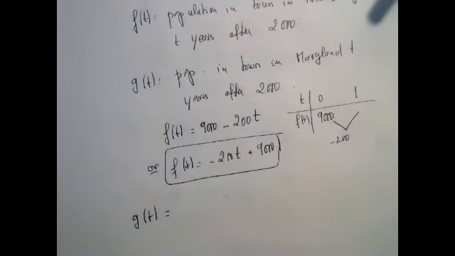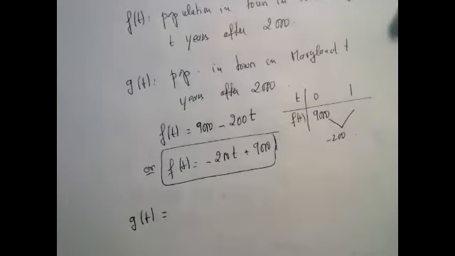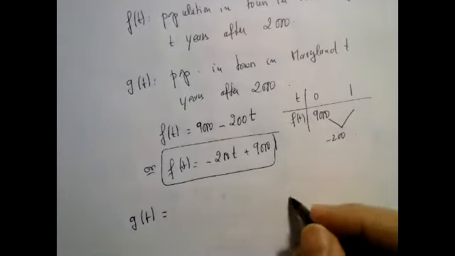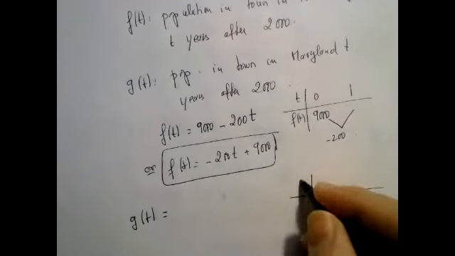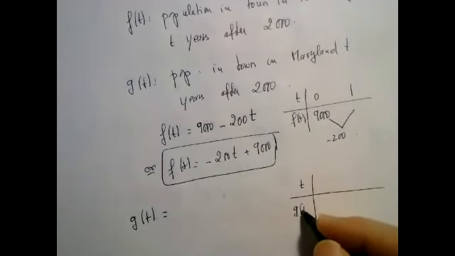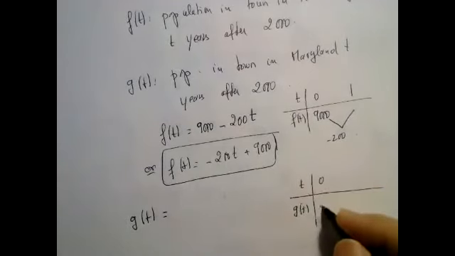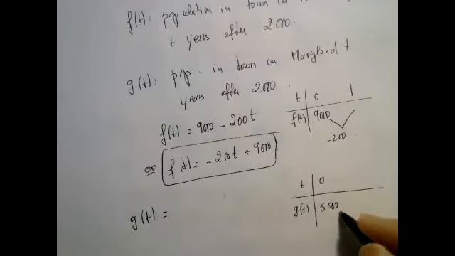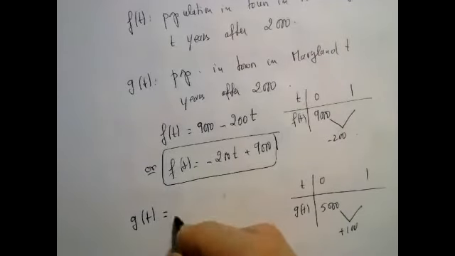Now what is g of t? Quickly, what's the formula for g of t? I'm going to pick one of you this time because I know Matt wrote it for us. Very good. So that's g of t, another function. It started at 5,000. It's increasing by 100 at a constant rate. So 100 is my slope.